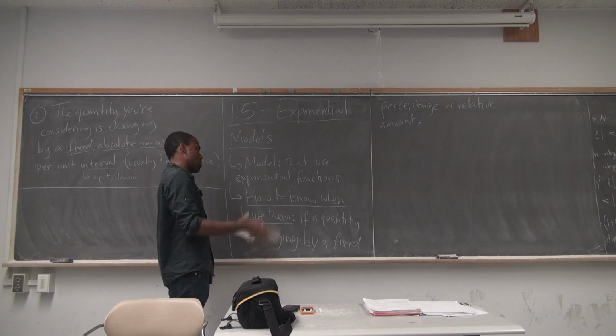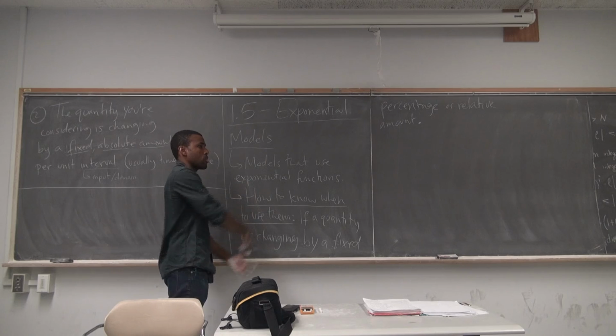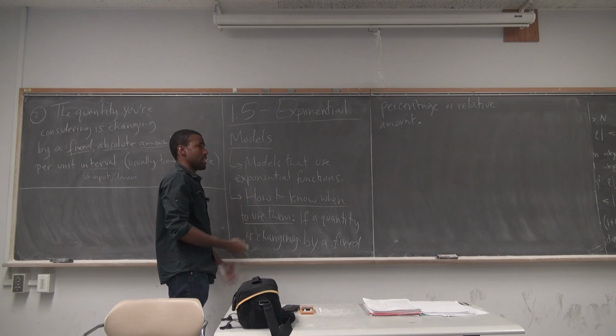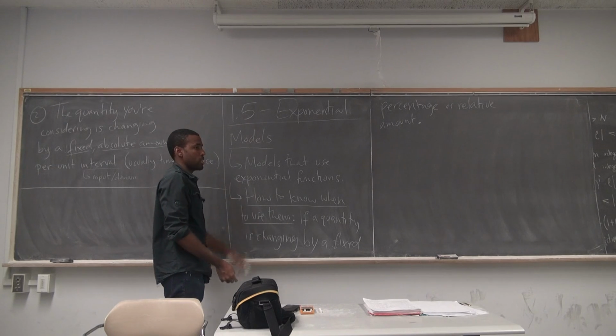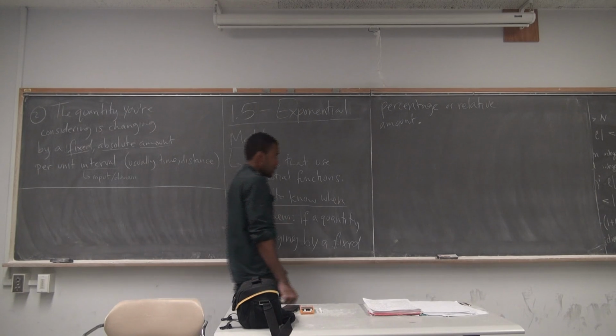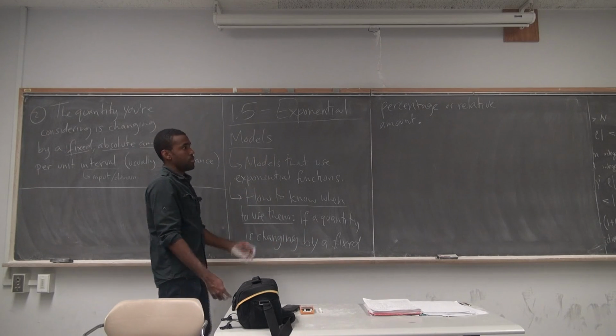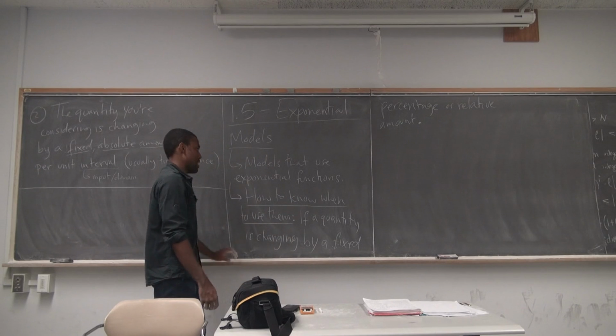So it's not that it's always changing by 2. You can say it's changing by 10% of whatever was there before. Whenever you look at something like that, that gives rise to an exponential model. At first, you might have $100 growing by 10% every month.